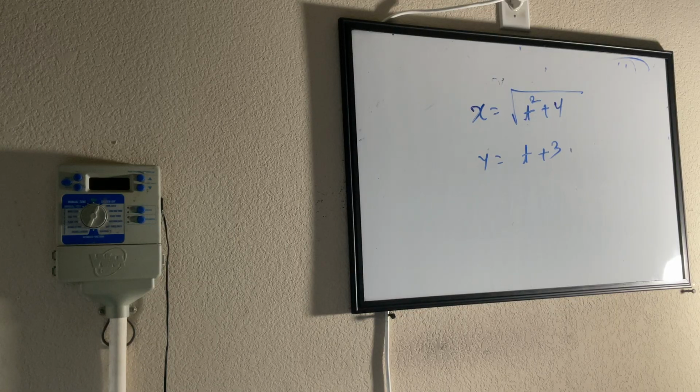So x equals t square, t is y minus 3, so x equals (y minus 3) square plus 4. (a minus b) whole square, so it's y square minus 2ab, 2 into 3, 6y, plus b square, that is 9, plus 4.